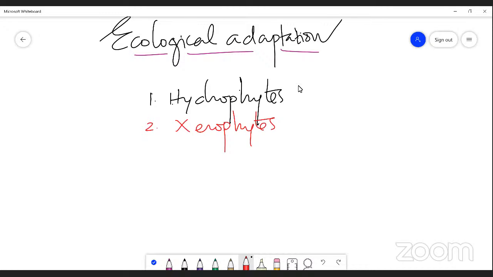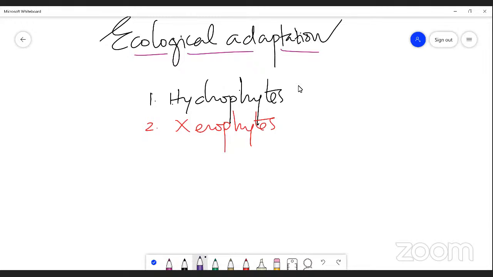Even with the absence of water throughout the year, the plant may grow and complete its span of life. That is called Xerophytes. What are the types of Xerophytes, and what are their morphological, physiological and anatomical adaptations? We are going to discuss that later. We'll come back to it.